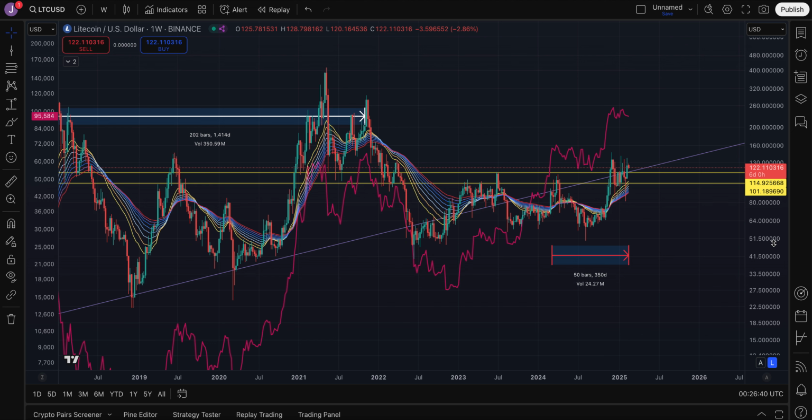So if we at least double the Litecoin versus XRP valuation, we can take this $122 per Litecoin to 240. Plus we can add at least 30% to the upside for the valuation of the Litecoin price, because of the going up of the XRP price.